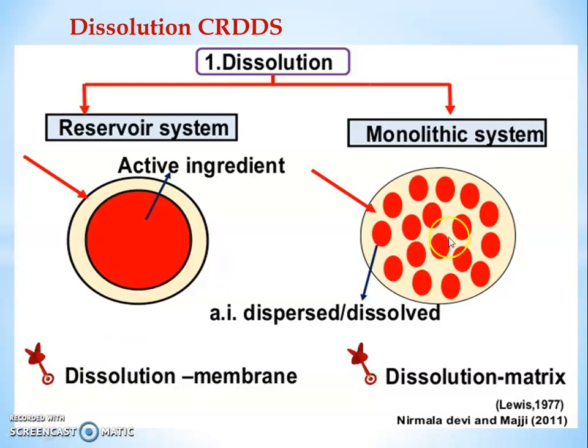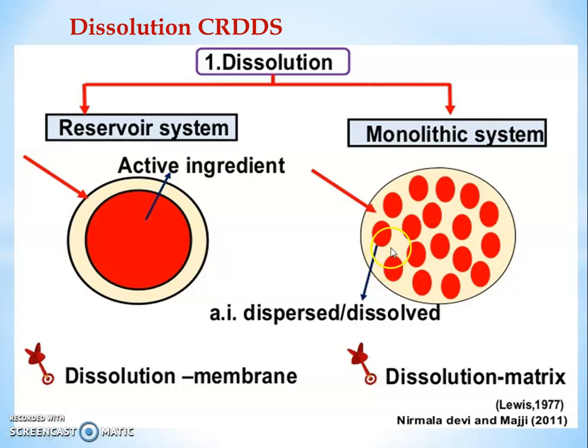The second type is the monolithic system, or matrix system. In this system, this is the drug. The drug is homogeneously dispersed in the polymeric matrix. This other part is the polymeric matrix. The drug is dispersed, and the release of the drug from this delivery system is by dissolving this polymeric matrix in a slow manner, and the drug may be released by dissolution for a prolonged period of time.